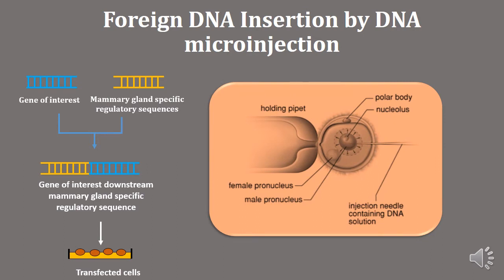So here we have an early stage fertilized egg. It has two pronuclei, one female pronucleus, another male pronucleus. This cell will be held at a fixed position using this holding pipette. And we will inject our expression vector or our foreign DNA with the help of a very fine glass needle into the male pronucleus.